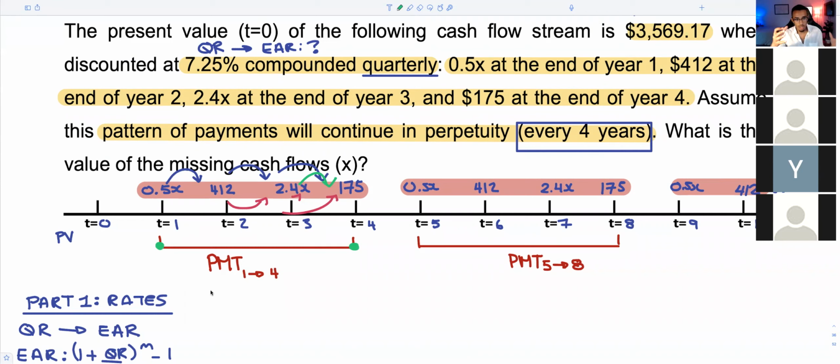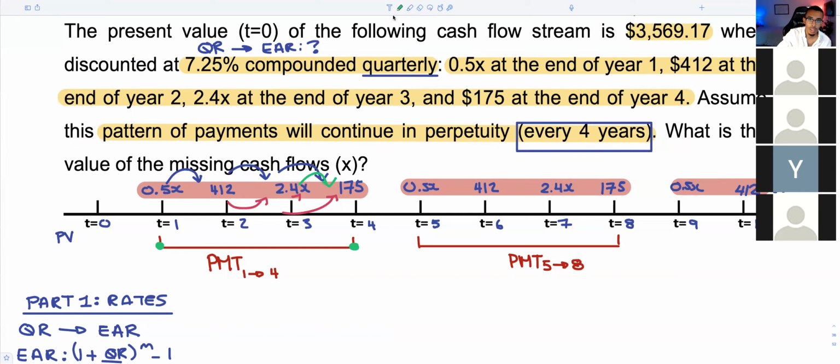This payment that spans 4 years has essentially 0.5x, 412, 2.4x, and 175. But these individual cash flows are going to essentially compound interest on their own within our grouped payment.